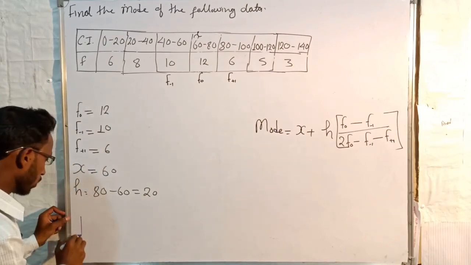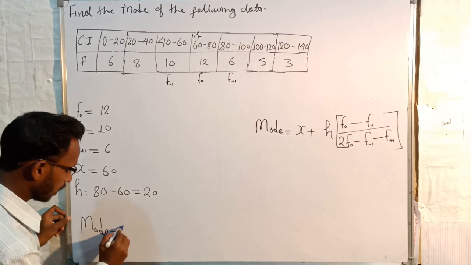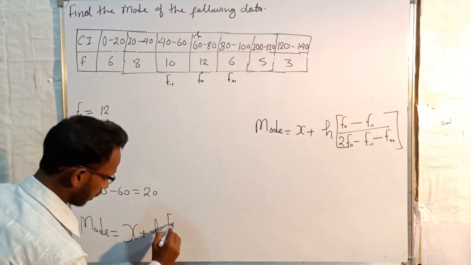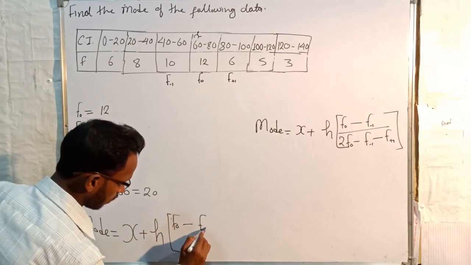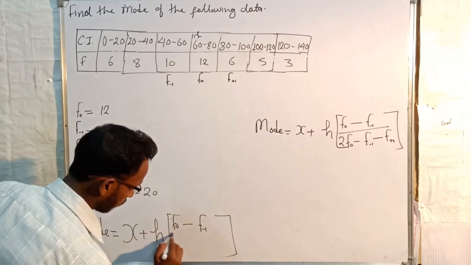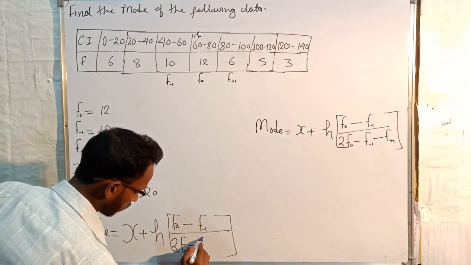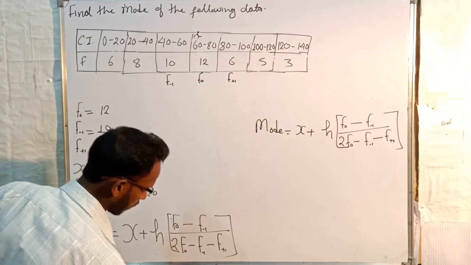The formula of mode is x plus h multiplied by (f0 minus f minus 1) divided by (2 f0 minus f minus 1 minus f plus 1).